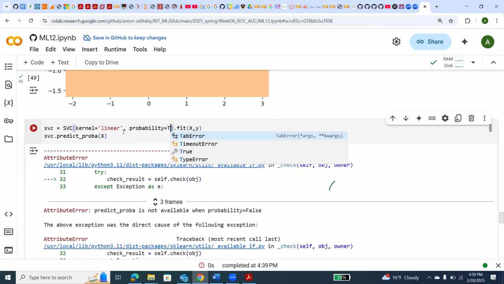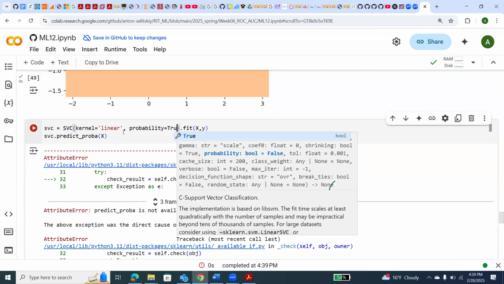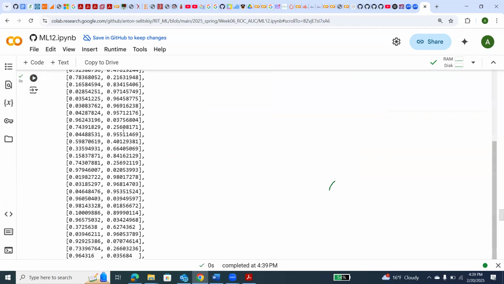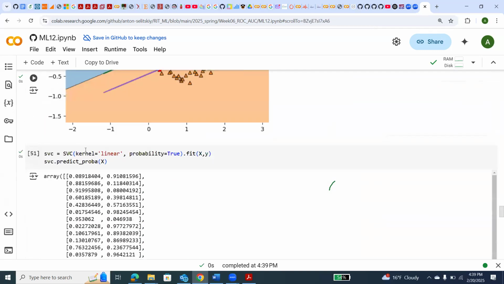By default, it's false to make it work faster. If you set it to true, then you can use predict_proba to plot the ROC curve. Because to plot the ROC curve, you actually need the model outputs, not the hard predictions.